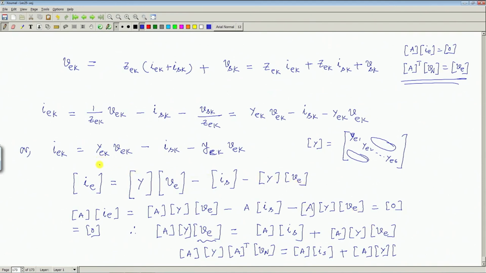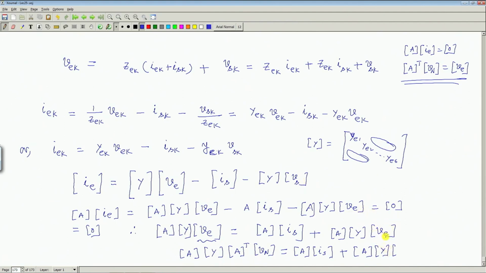Here I wrote wrongly, I s k, this will be V s k. Sorry, please correct that. So this is V s k. Source you take on the right hand side, V s here, this is V s.